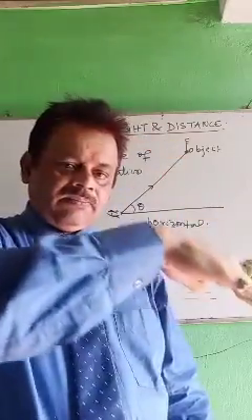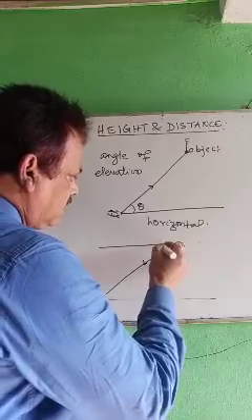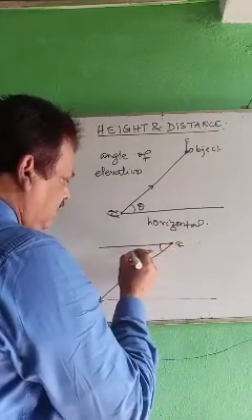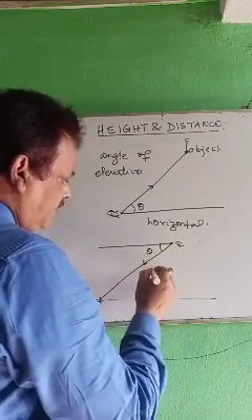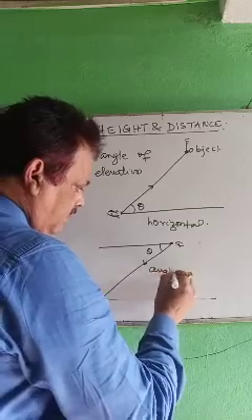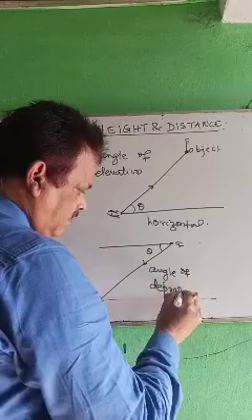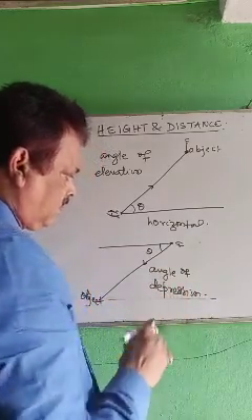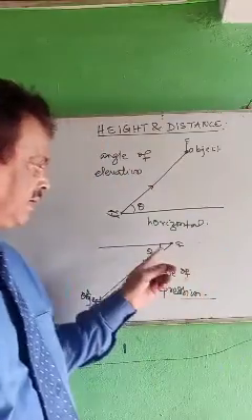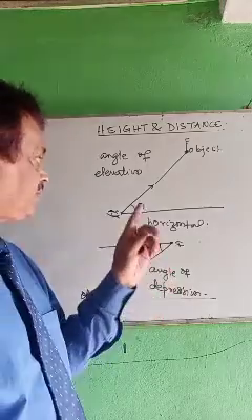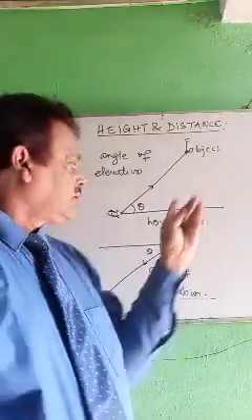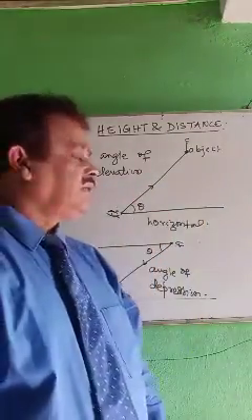This angle with the horizontal line will be the angle of depression. So when you look down, the angle made is the angle of depression. When you look up, this angle is called the angle of elevation.